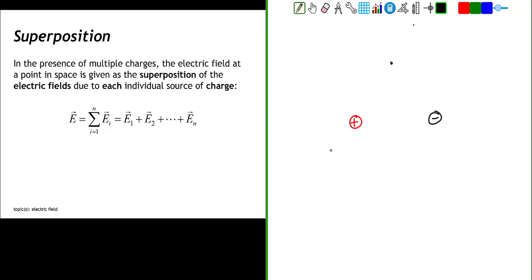Let's illustrate the positive charge's electric field contribution at that point. So I'm drawing a radial line because electric field points radially away from positive charges. So I'll indicate that with this vector, and I will call this vector E positive.